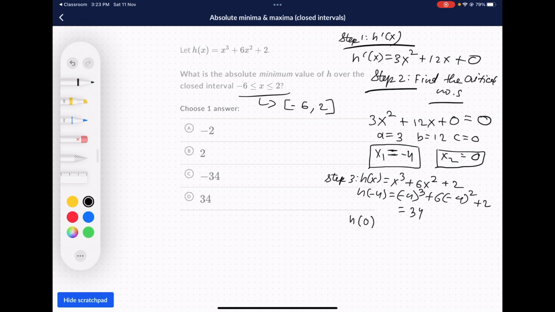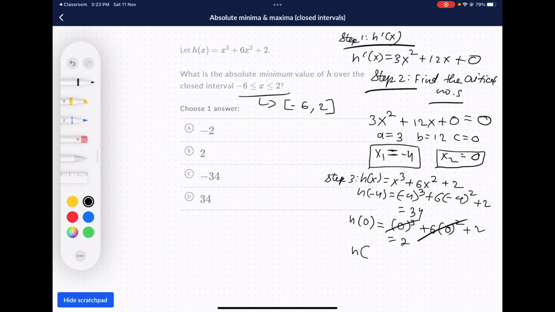When h of 0, or when x is equal to 0, you should have 0 raised to the power of 3 plus 6 times 0 raised to the power of 2 plus 2, which should give you 2, because any number times 0 is 0, and then 0 raised to any number is 0. So all we have left is 2.